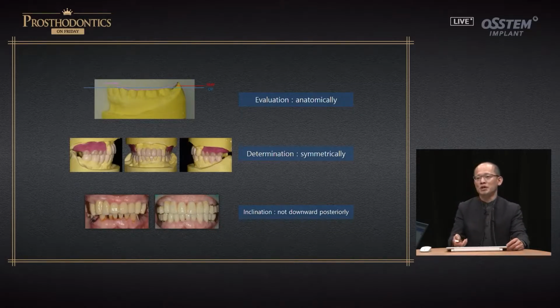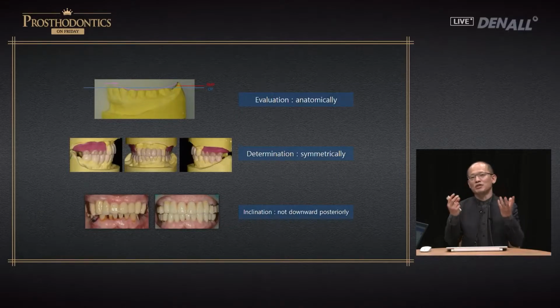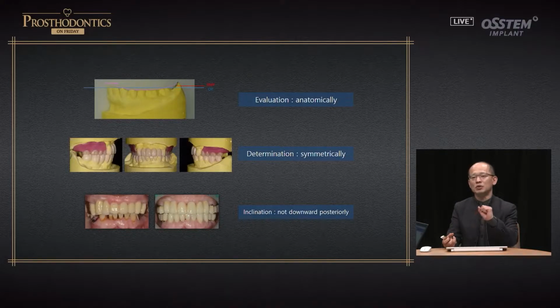And on the posterior side, something some people do not think much about is that the occlusal plane becomes lower on the back side. In full mouth rehabilitation this could result in porcelain fractures.